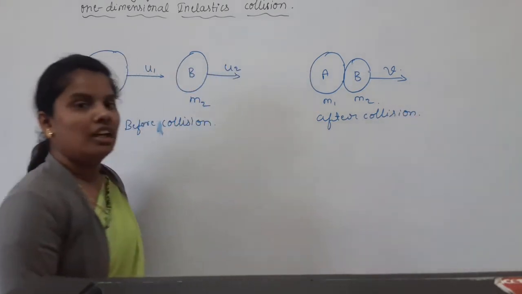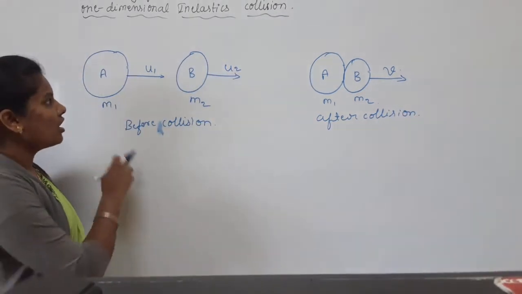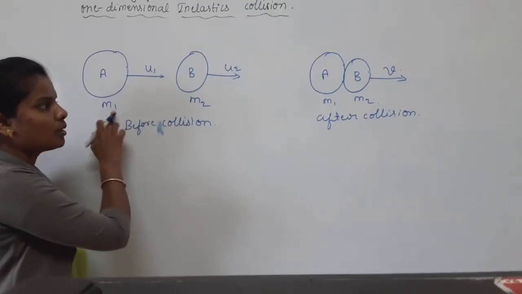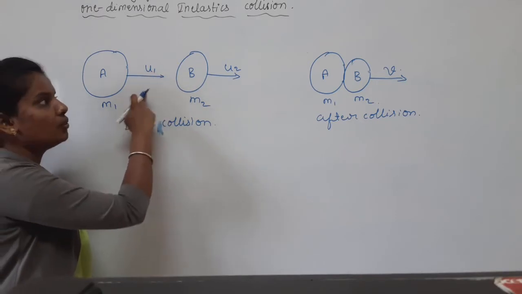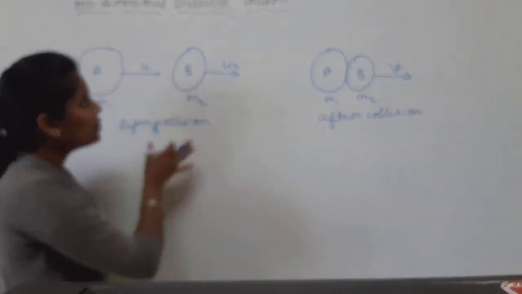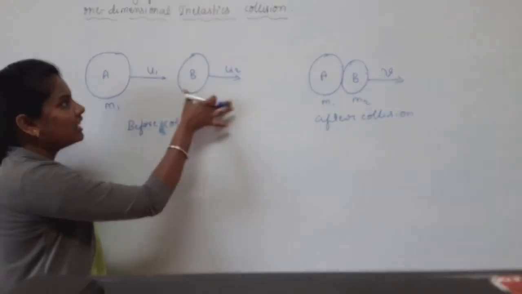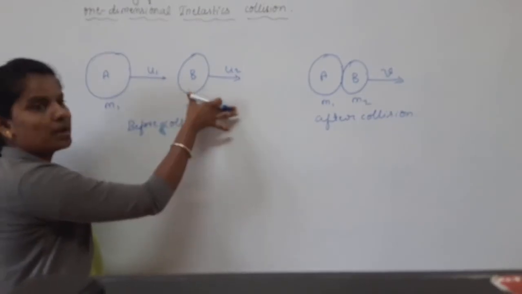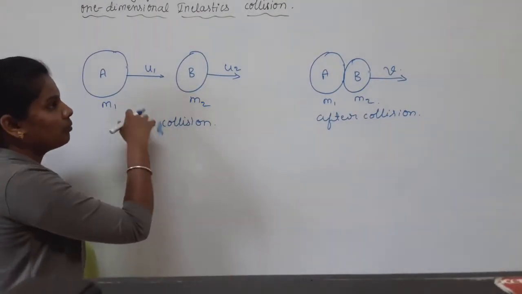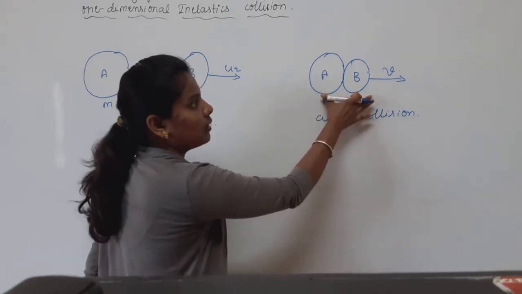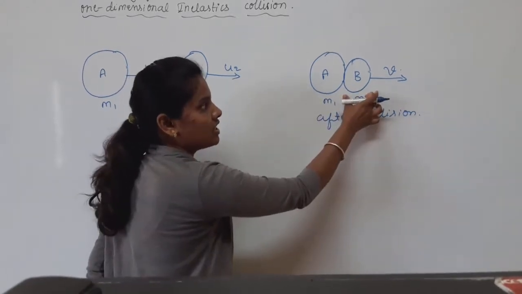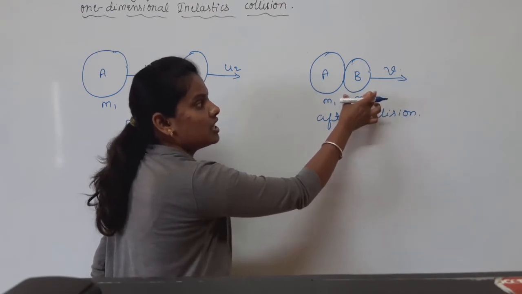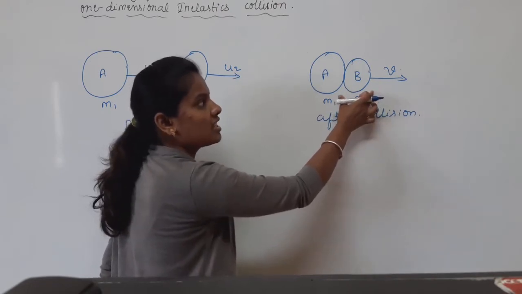Here we consider two bodies of masses m1 and m2 before collision, with velocities u1 and u2, moving in the same direction in a straight line. After that, A collides with the body B. Before collision, B is at rest, which means its velocity is 0.